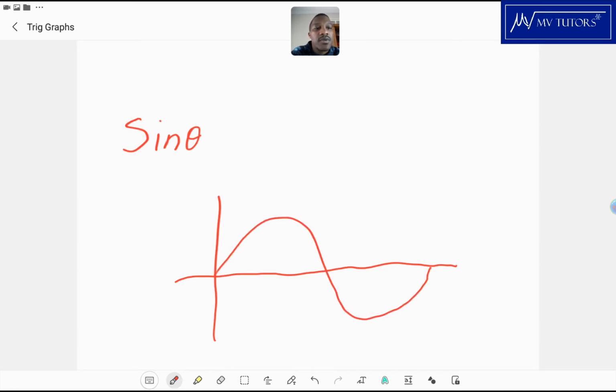Where it's 0 there, 90 there, 180 there, 270 and 360. That's a normal sine graph.